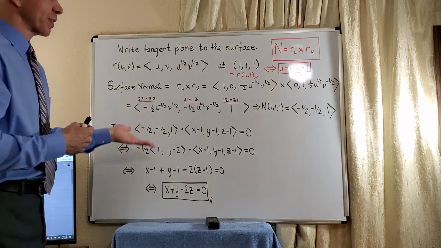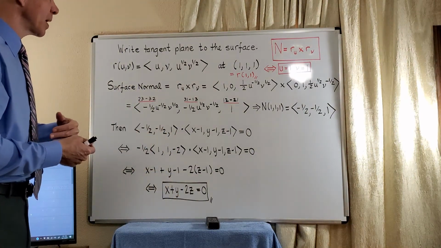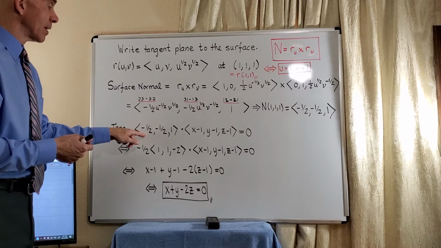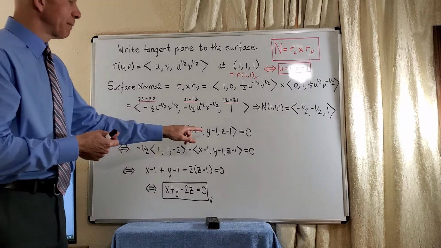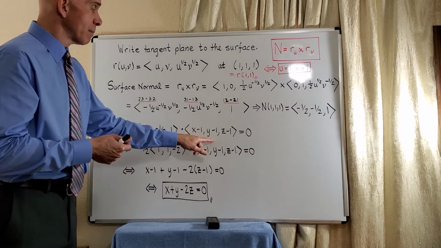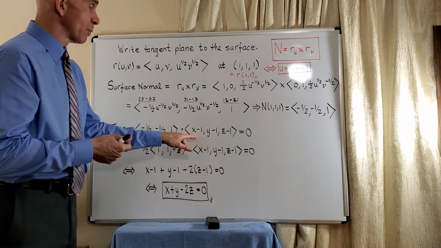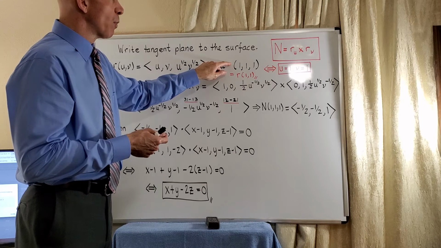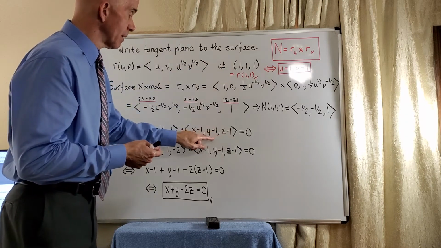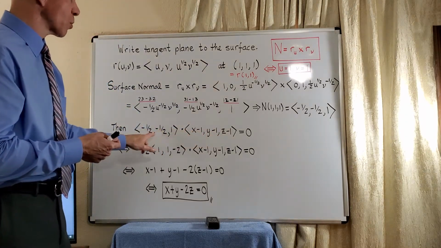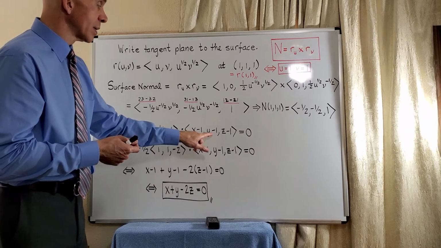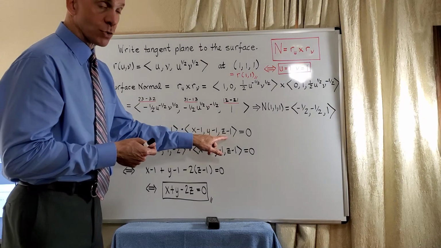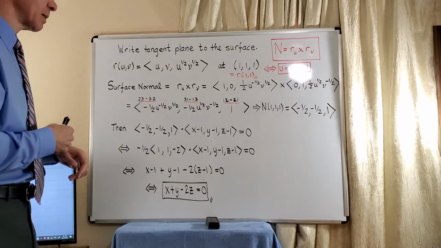And now we use the theory from the beginning of the course. We know that the surface normal will be orthogonal to this vector, because in this particular case the point 1, 1, 1 is an element of the plane. So we dot the surface normal with the vector x minus 1, y minus 1, z minus 1, just like we did at the beginning of the course.